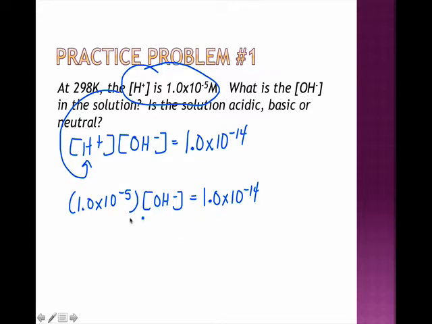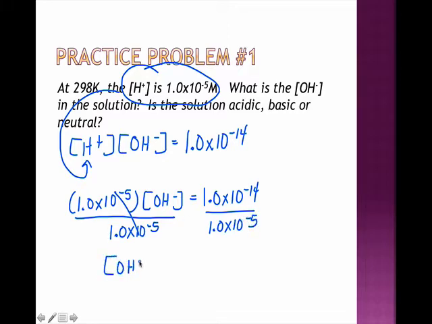And then to solve for this, I'm going to divide both sides by 1 times 10 to the negative 5th. And once I do that, I end up with 1.0 times 10 to the negative 9th.